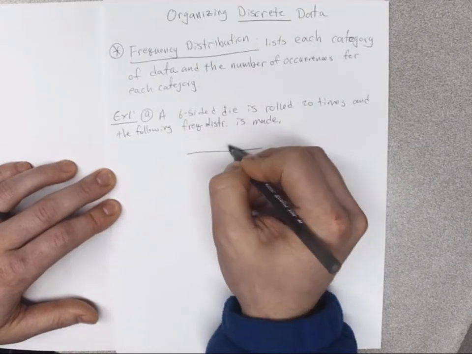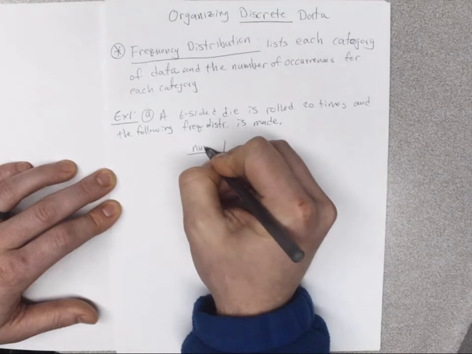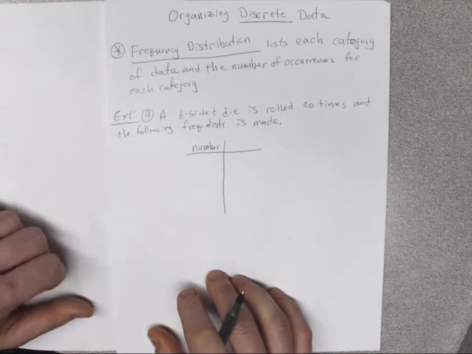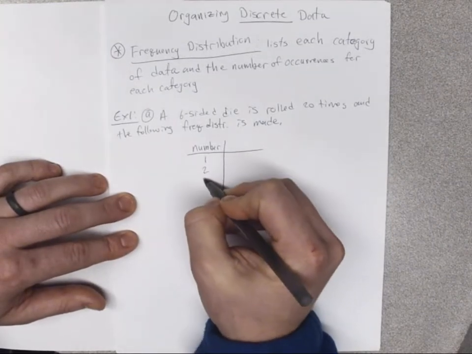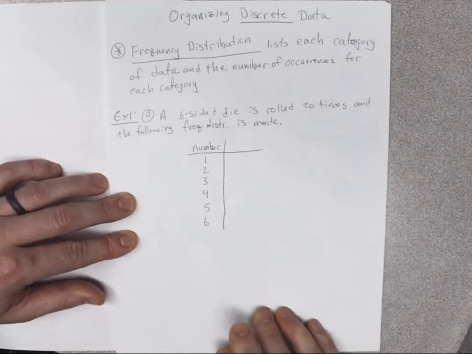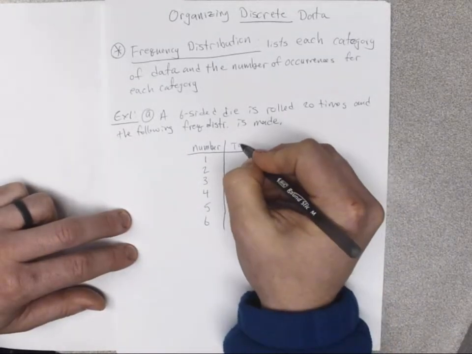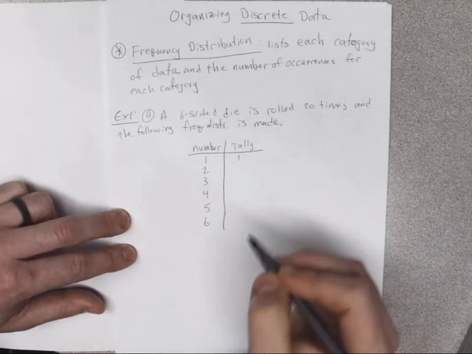So we'll start out with a T-chart like this. And here we'll label all the possible observations, or all the possible rolls in this case. So we can roll a 1, 2, 3, 4, 5, or a 6. Those are our only options. So when we roll the die, we can do a tally over here. If it rolls a 1, then we do a tally mark here.